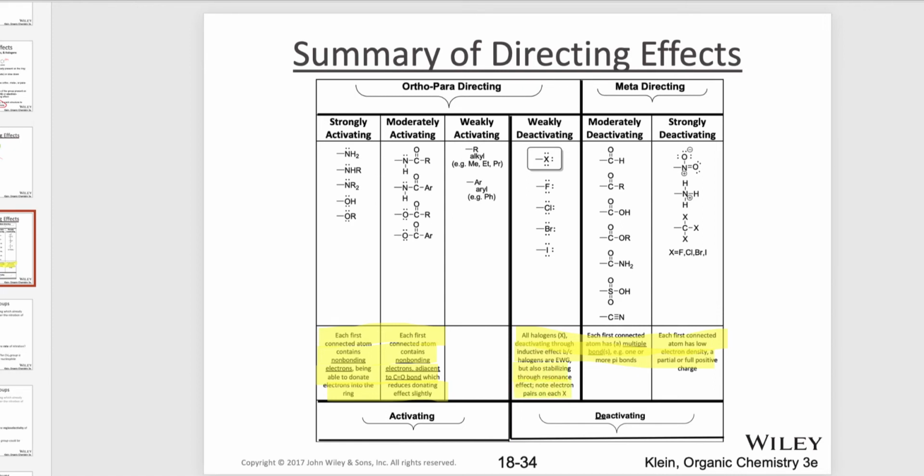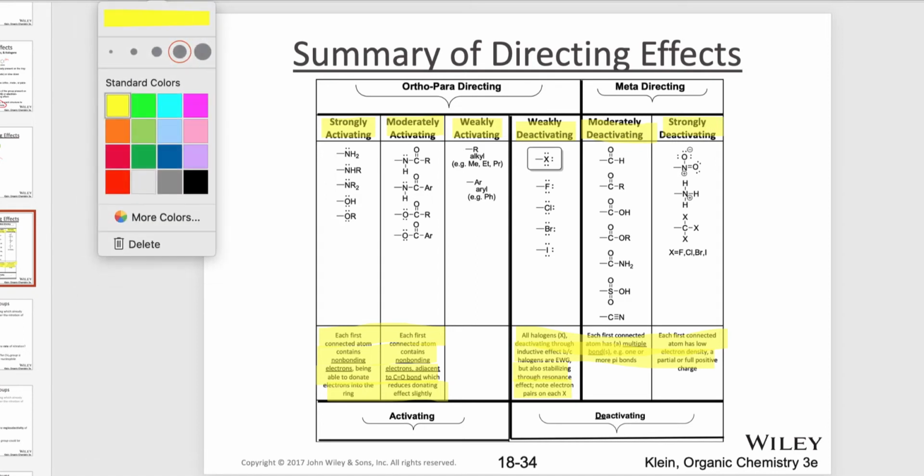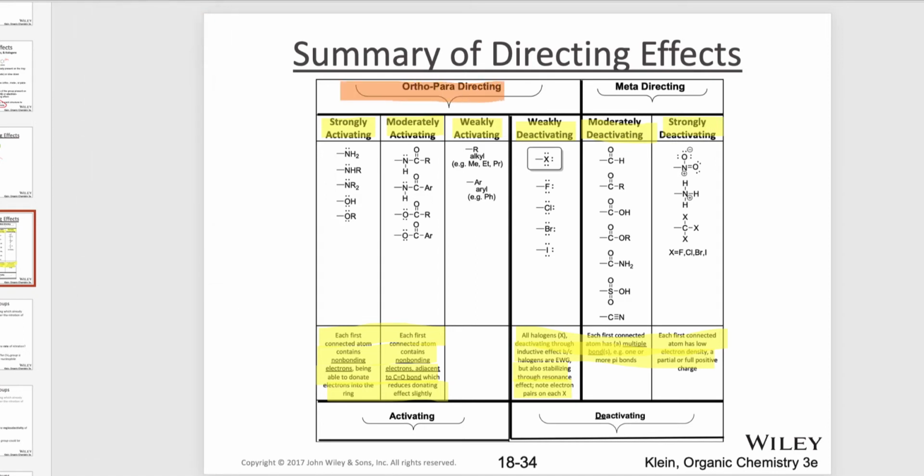As you can see, we're moving from strongly activating to moderately activating to weakly activating to weakly deactivating to moderately deactivating, strongly deactivating, and maybe I'm going to use a different color. And then here we have ortho-para directing and meta directing.